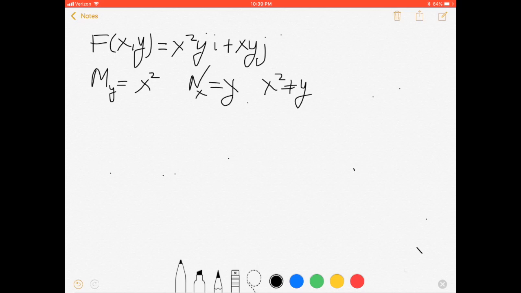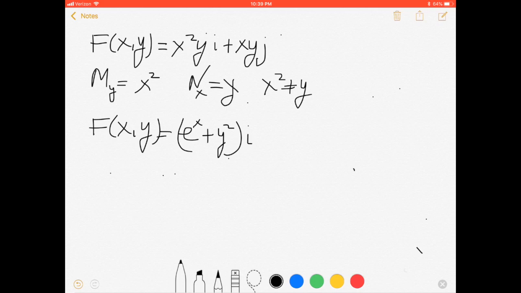Next example, let's go. F(x,y) is e to the power x plus y squared i plus 2yx j.